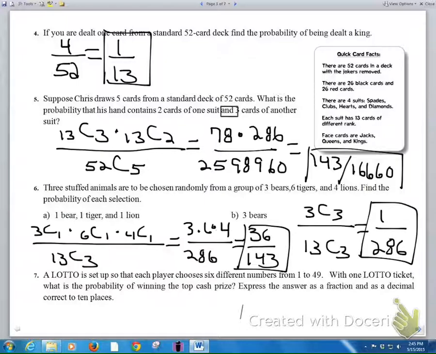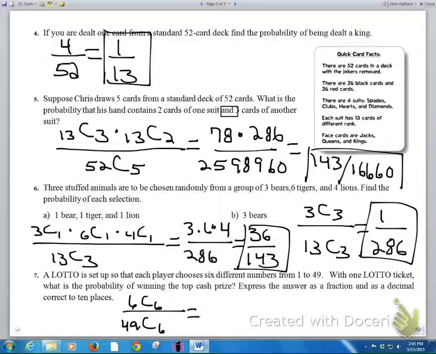There you go. Okay, so a lotto is set up so that each player chooses 6 different numbers from 1 to 49. With 1 lotto ticket, what is the probability of winning a top cash prize? Express the answer as a fraction and as a decimal to the nearest 10th place.